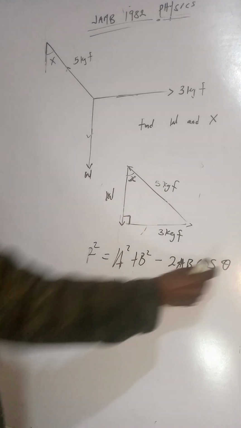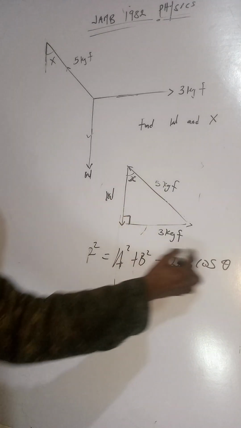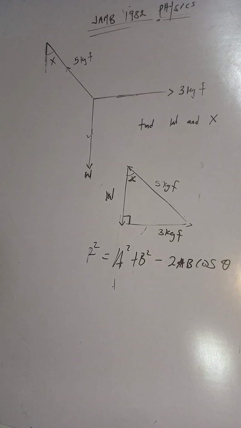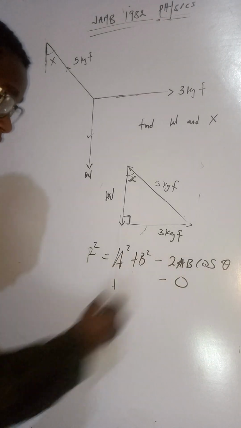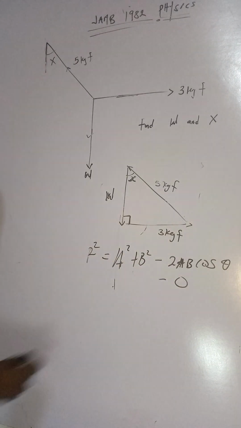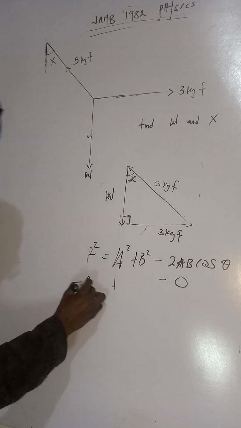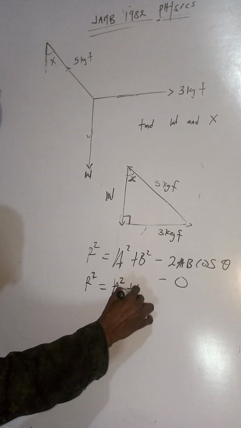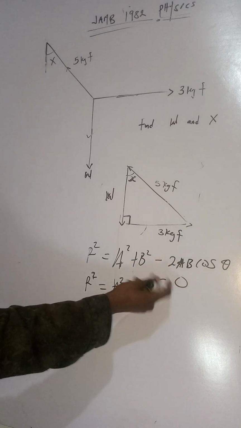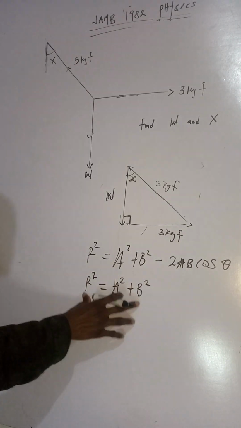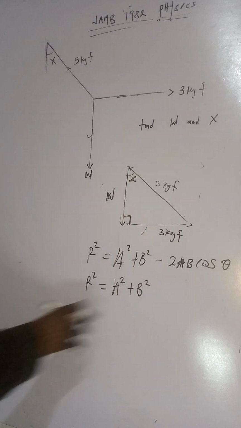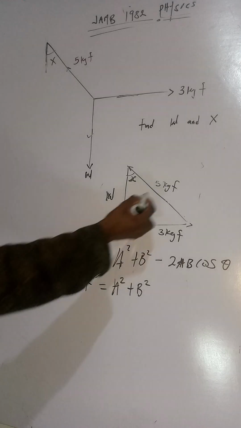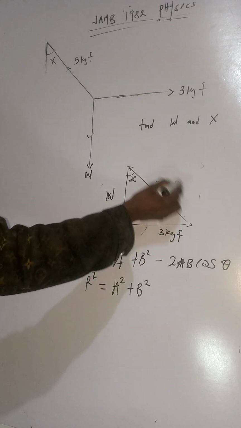What angle is it facing? 90 degrees. So cos 90 is 0, and it will render everything here useless. Everything becomes 0, since 0 times anything is 0. So r squared equals a squared plus b squared. Now, what is the resultant? The longest side is 5.